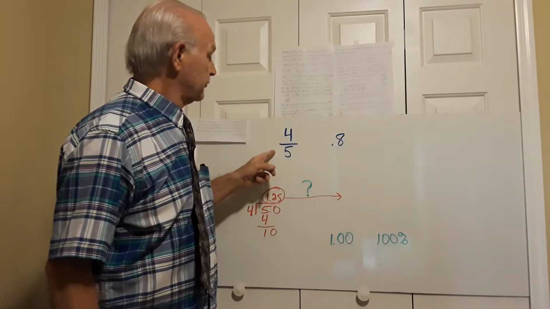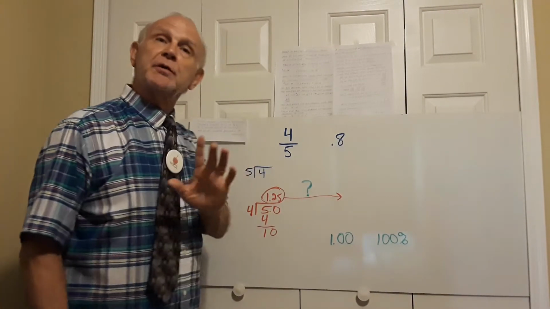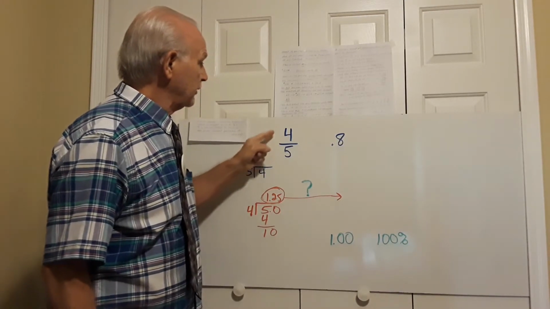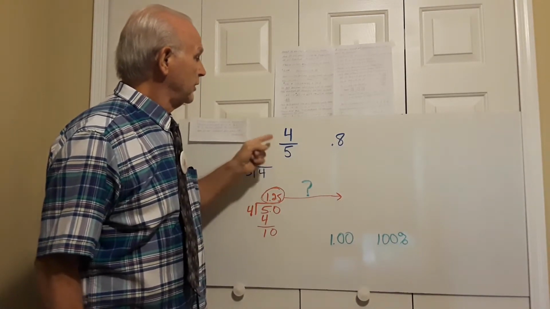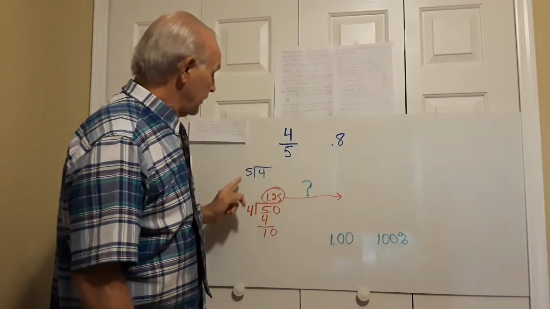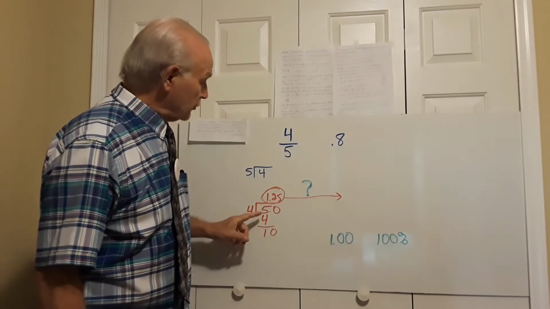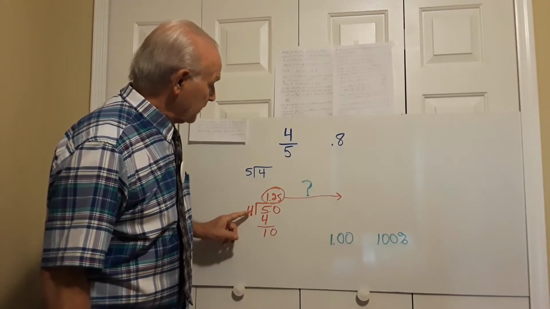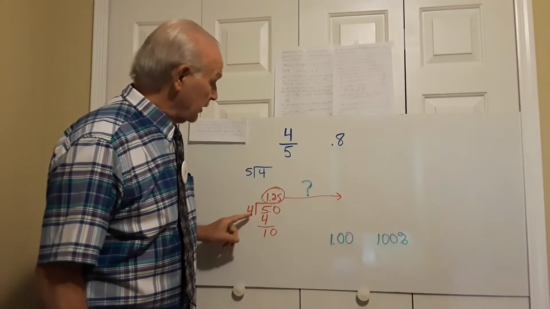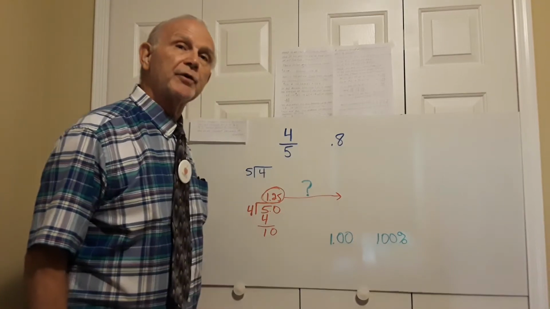We are looking at this fraction, 4/5, and we did mention that some of you may have a question. How do I remember to divide the denominator into the numerator instead of the other way around? And it's very easy. If you do it the wrong way, this numerator is going to go into the denominator, and if you divide this correctly, you're always going to end up with more than 1.